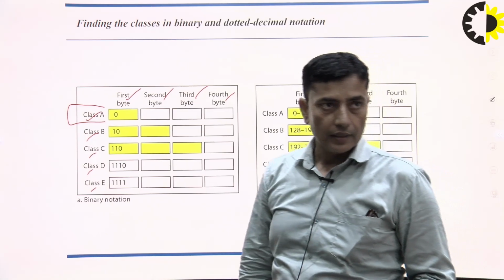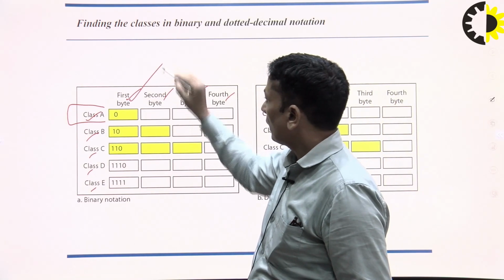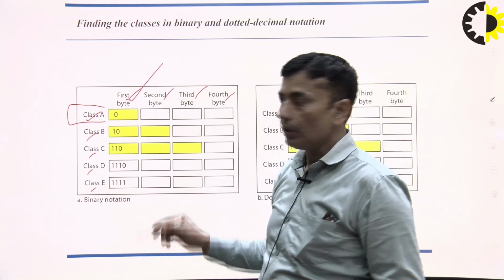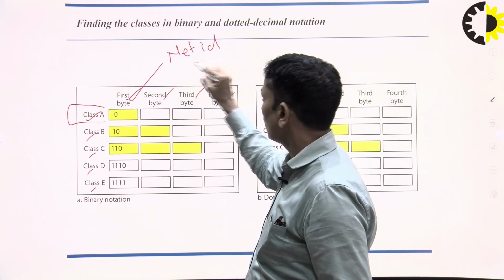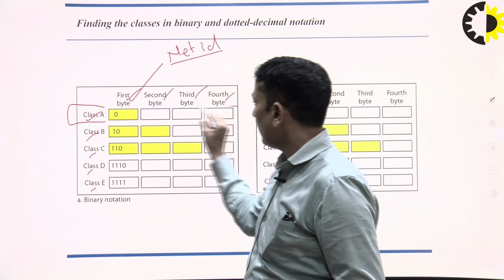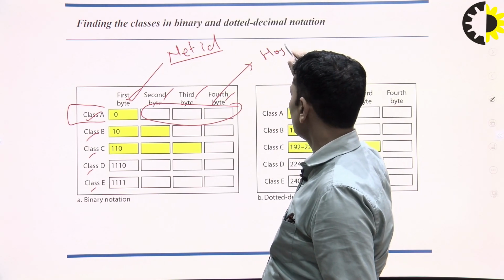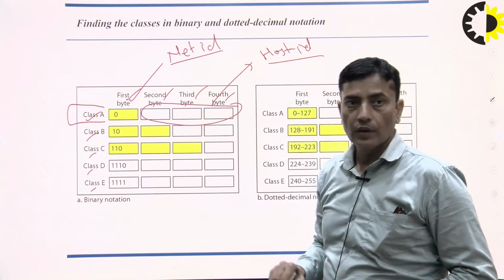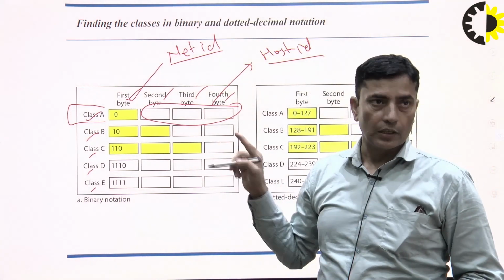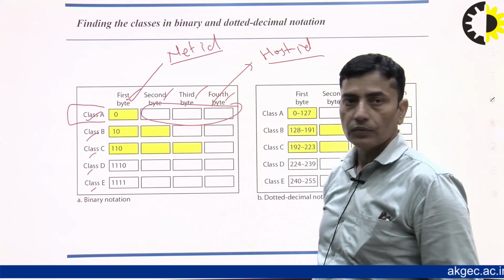In class A, the first byte is kept for the network ID, and the remaining 3 bytes for the host ID. So 8 bits for the network ID and the remaining 3 bytes for the host ID.